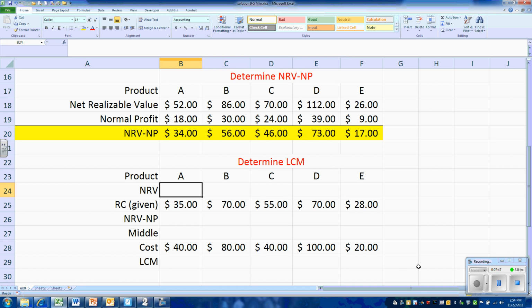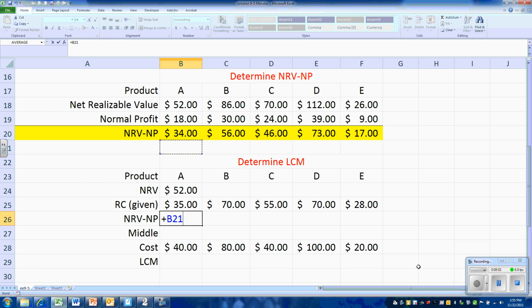We need to use the net realizable value for product A. We brought that down to cell B18 before, $52. And we have our net realizable value minus normal profit.